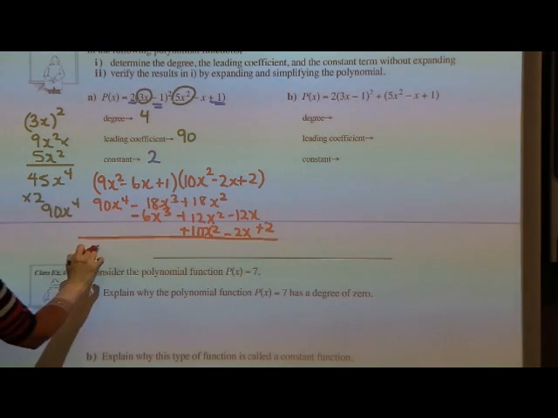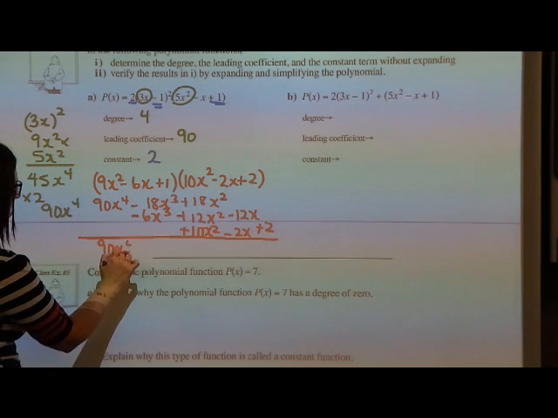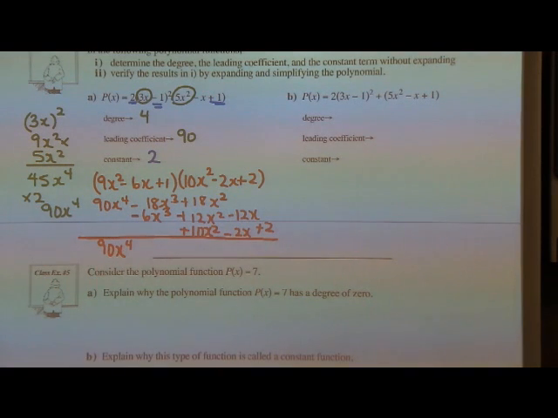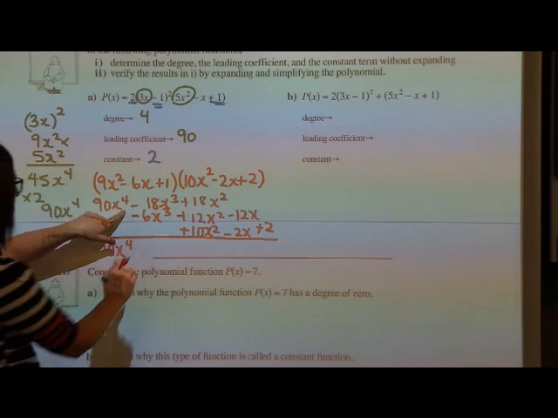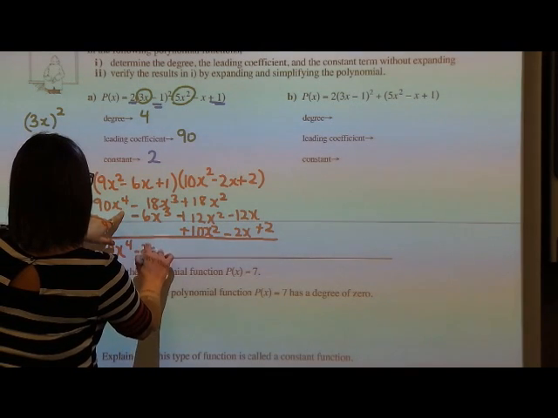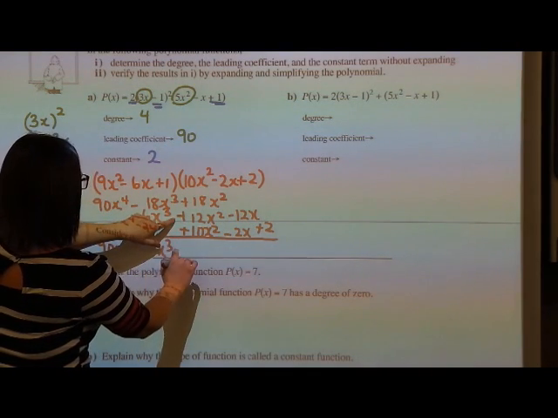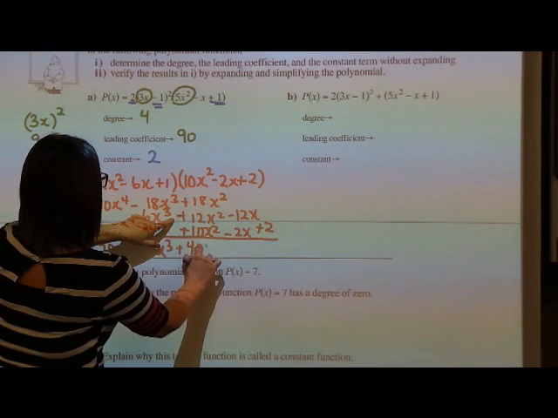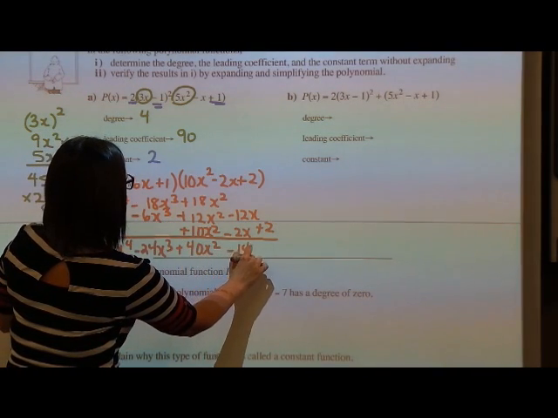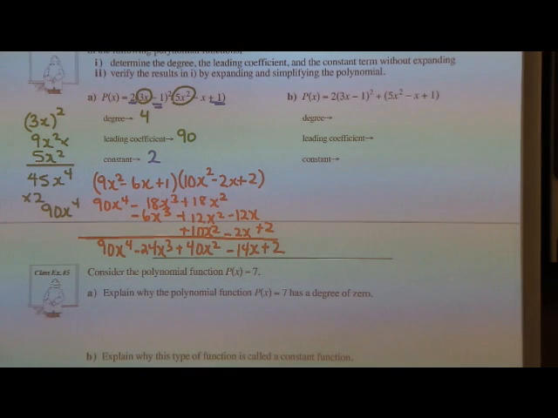And then when I add it all together, there's my 90x to the power 4 that I got in the first place, minus 24x cubed plus 40x squared minus 14x plus 2. Did I do something wrong?